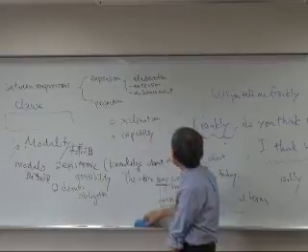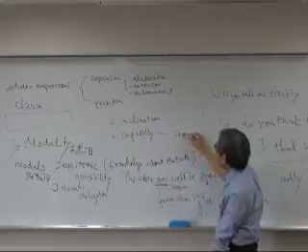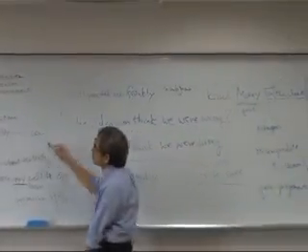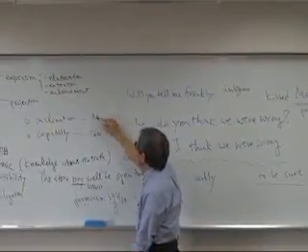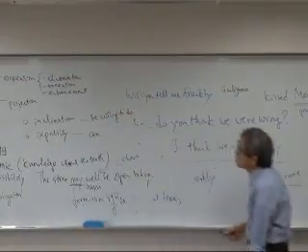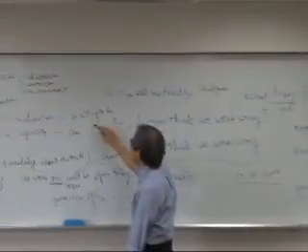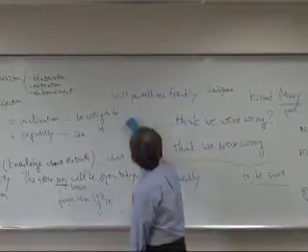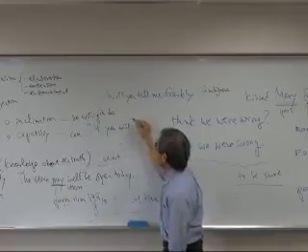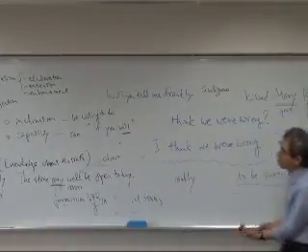Capability is can. So he can ride a bicycle. Inclination is be willing to do. So "if you will". If you add this phrase quite often, "if you will", that means if you are willing to.